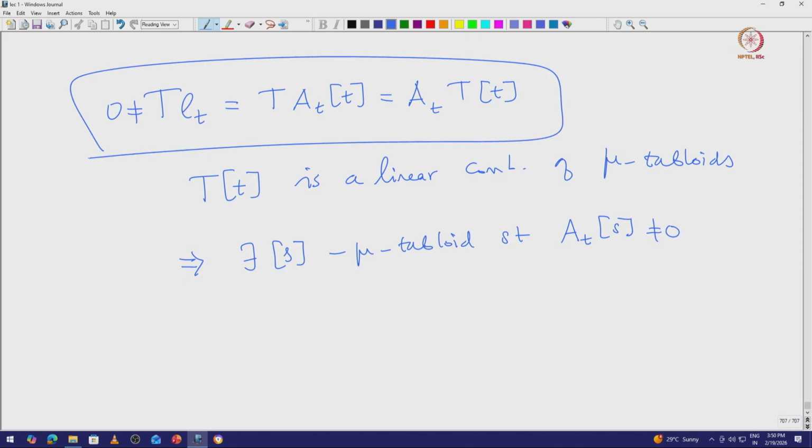Otherwise a_t T{t} will become 0, which we do not want.